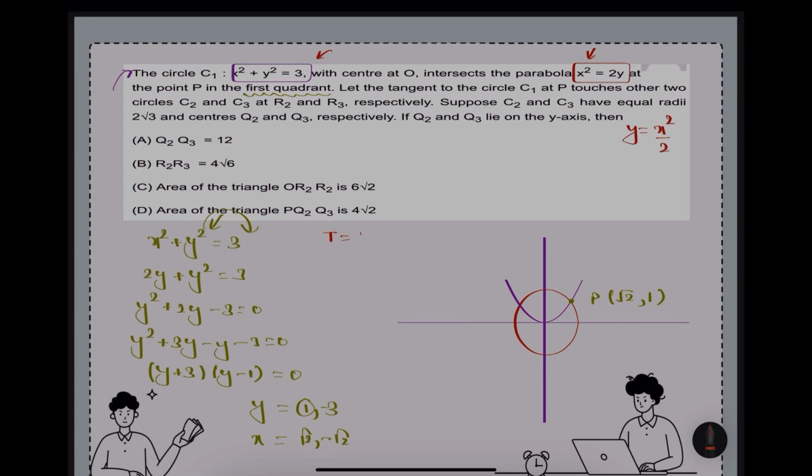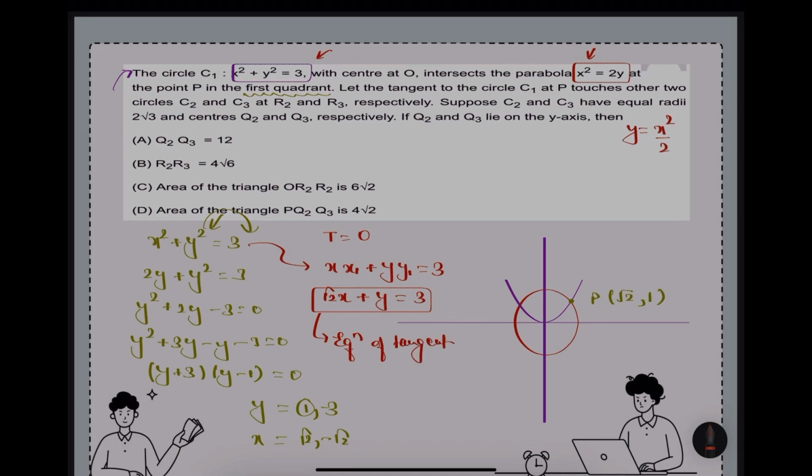By transforming the equation T equals 0, correct? So x square will be replaced by x x1, y square will be replaced by y y1 equals 3. So x1 is root 2, so it is root 2 x. y1 is 1, so y equals 3. So this is your equation of tangent.